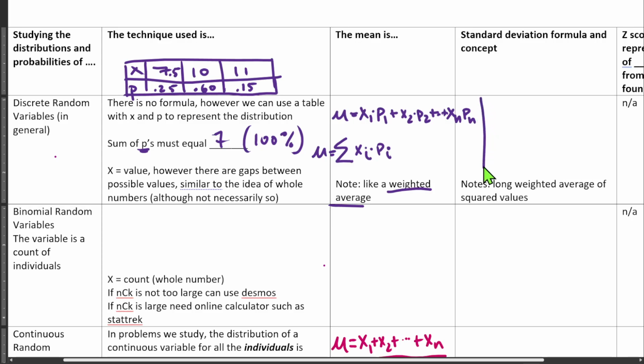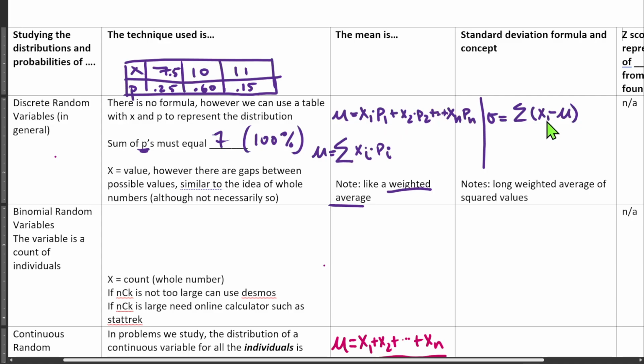Now, the standard deviation formula is similar in the sense that it is multiplied out, but it is the sum, and what you sum is you subtract each x value from the mean. So that would actually be this entire calculation, which you sometimes have to do first.